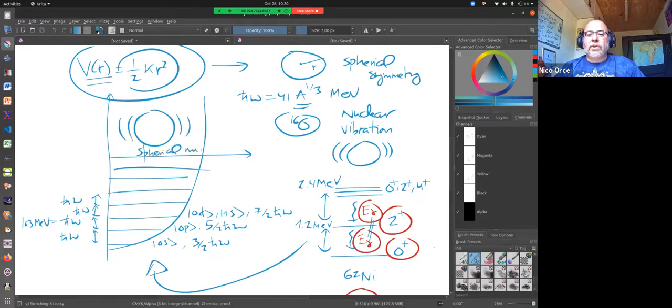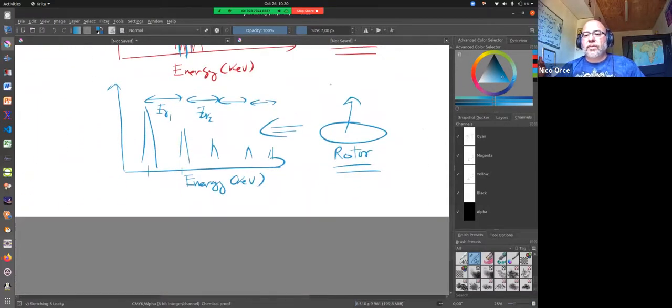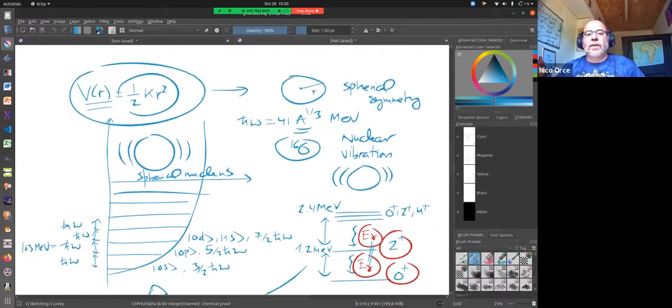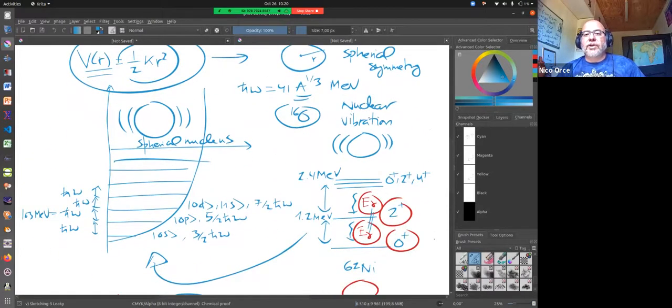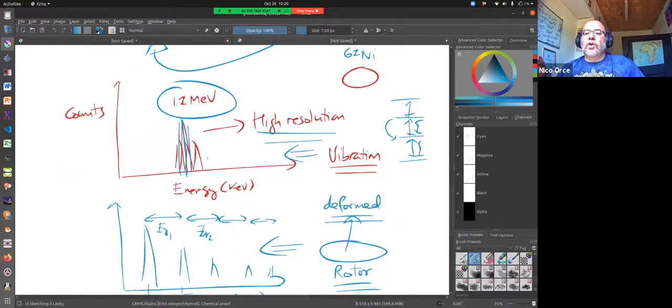So spherical nucleus. In this case, the nucleus in the rotor must be deformed, right? There's a big difference between spherical nuclei and vibrations and deformed nuclei and rotations.